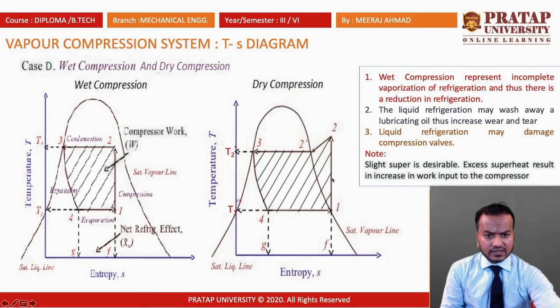You can also state that wet compression represents the incomplete vaporization of the refrigerant. Suppose at point 1 all the liquid is not converted into vapor, so the refrigeration effect will be incomplete, and lower compared to this diagram.